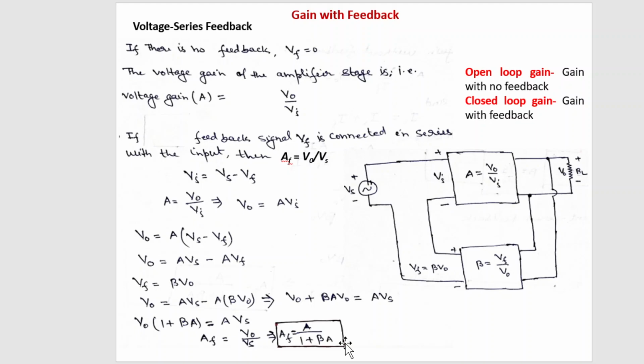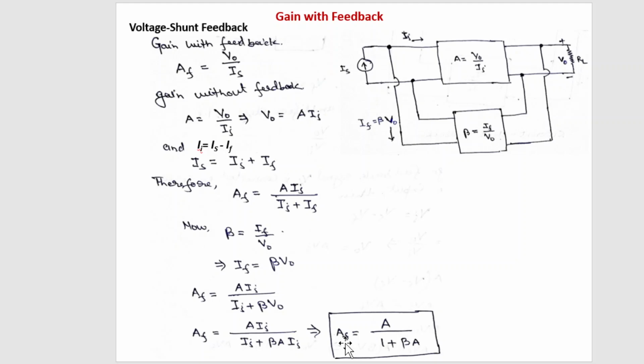Let's see what is happening in case of voltage shunt. In case of voltage shunt, we have output as a voltage, and at the input we have a current, and that current is connected in parallel. So at the output we have a voltage, at the input we have a current, and a fraction of output is connected to the current source in parallel.